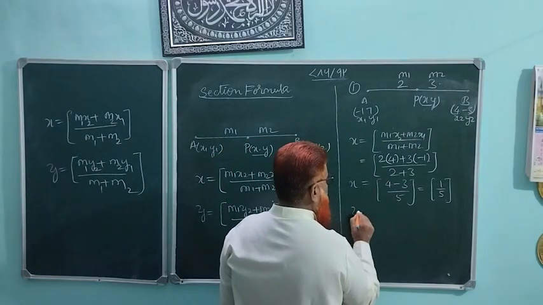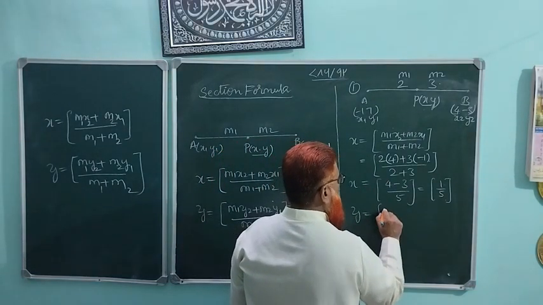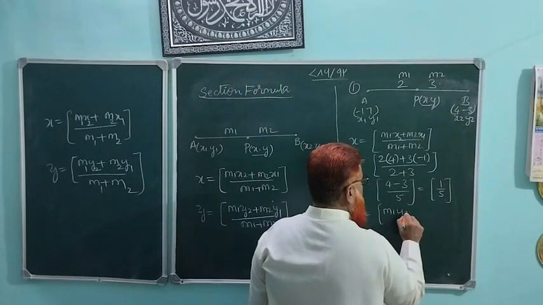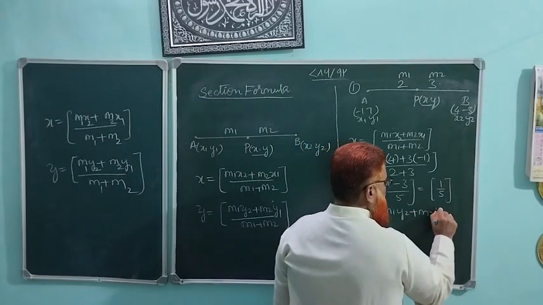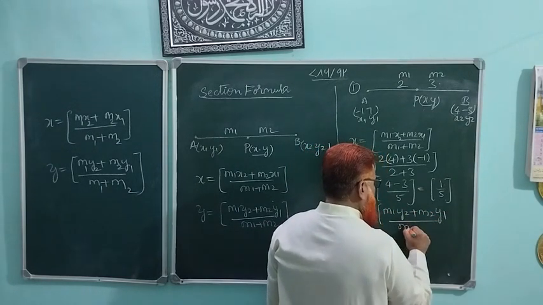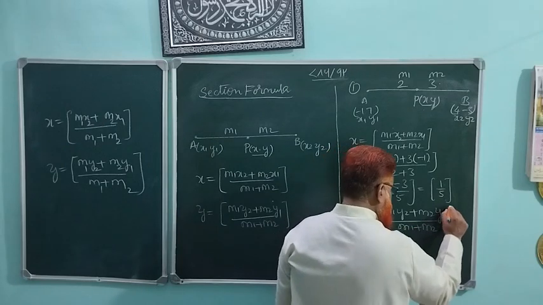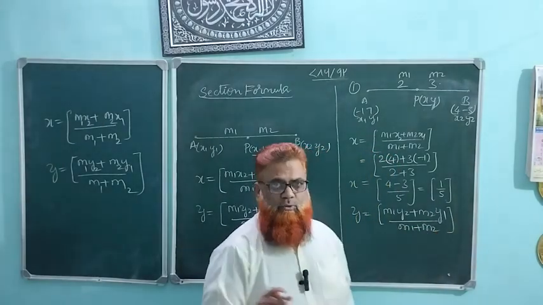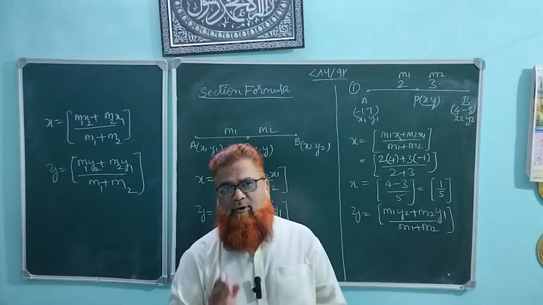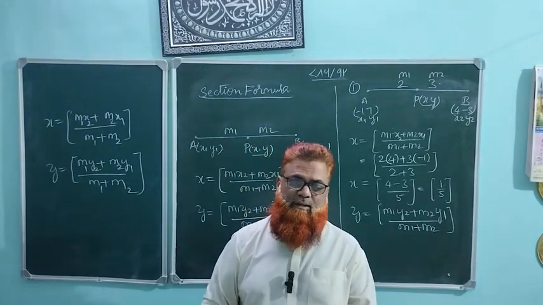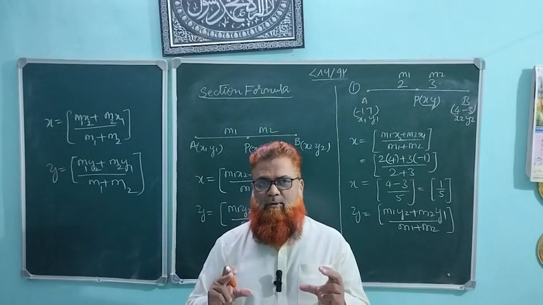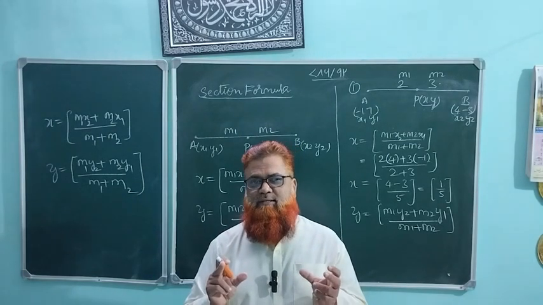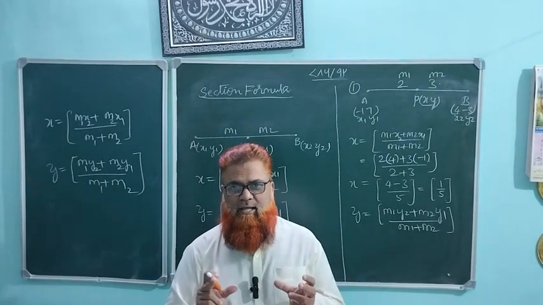Next you have to find y. y is equal to m1 y2 plus m2 y1 by m1 plus m2. One thing students, particularly the viewers, you should remember, while you are solving, you have to analyze the problem.